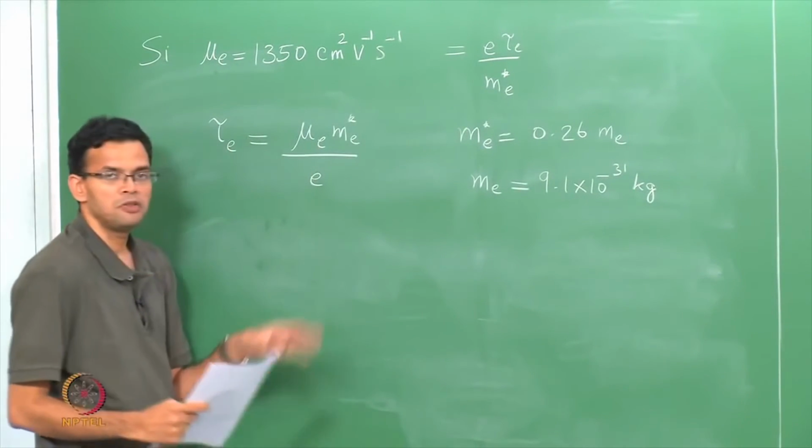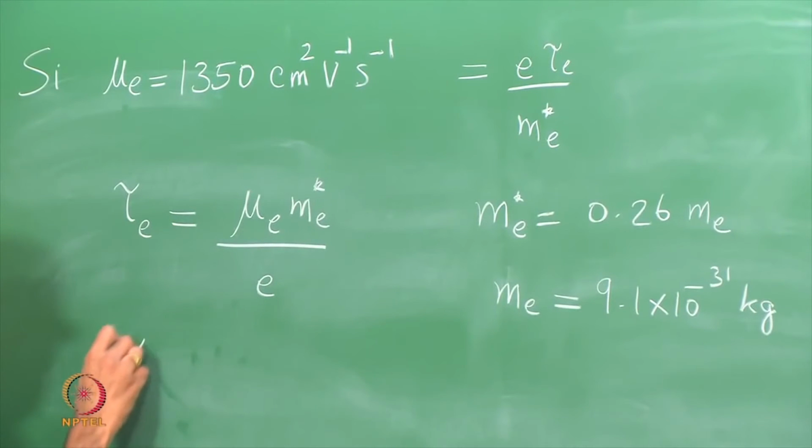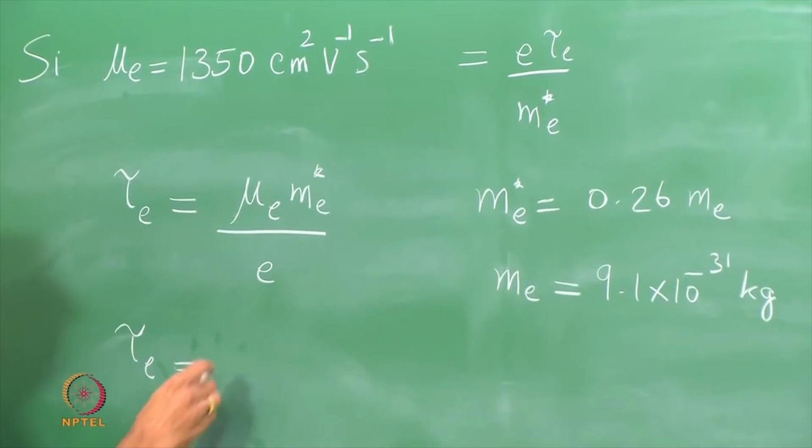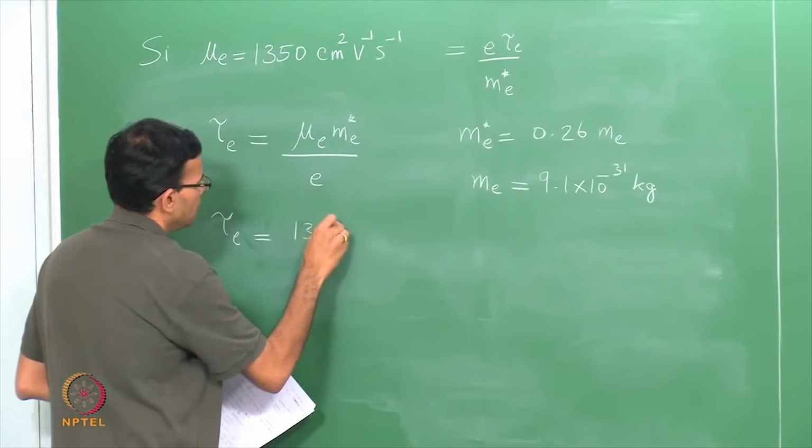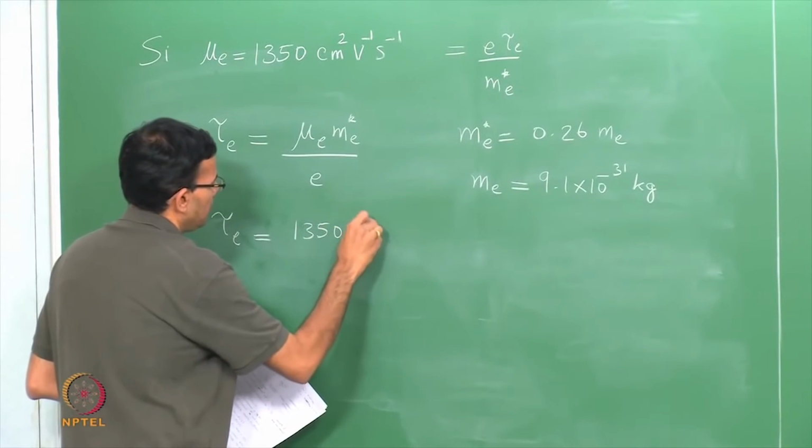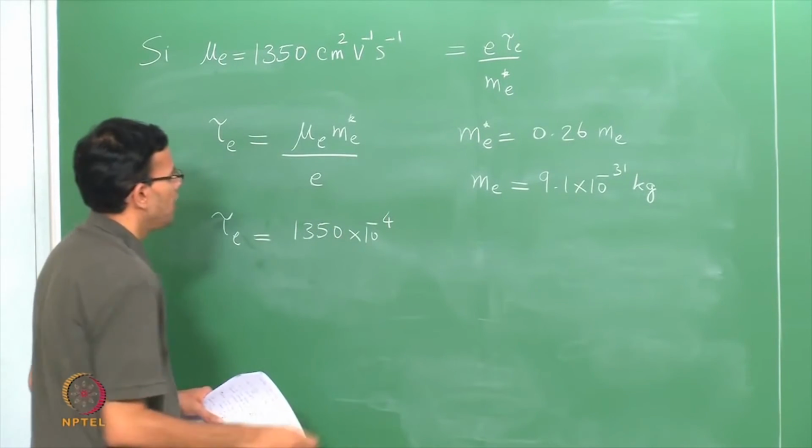We can substitute the numbers in here to get the value for tau e. So, 1350 multiplied by 10 to the minus 4, to convert to SI units.